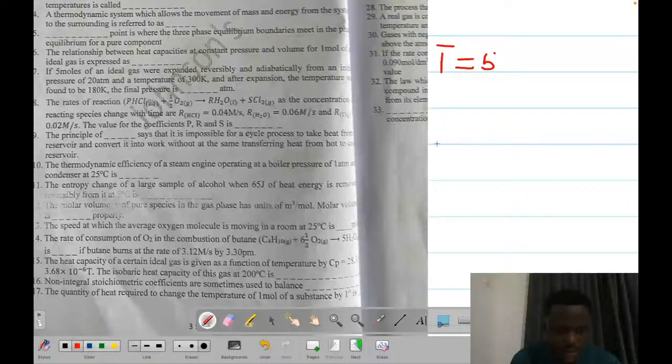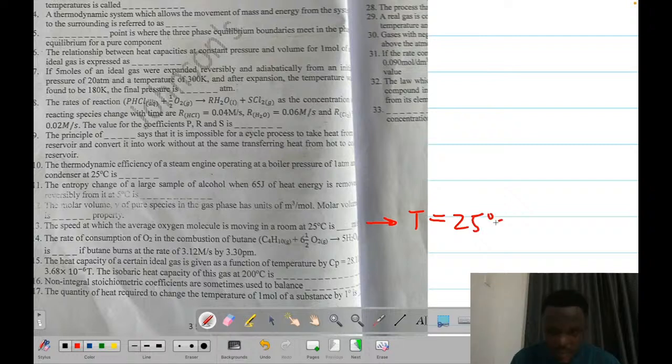Okay, not that one. Question number 13. They gave us C to be 25 degrees Celsius. When you convert it to Kelvin, this is 25 plus 273. This is 298 Kelvin.